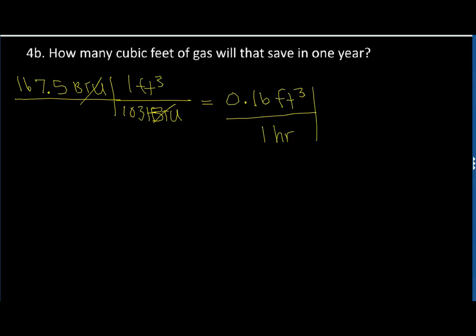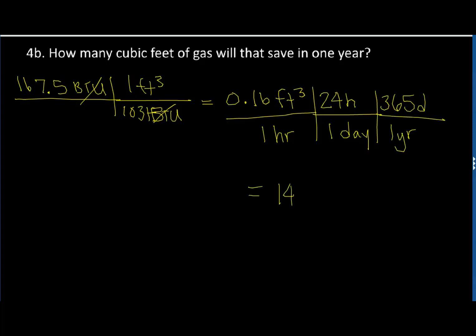And this was 1 hour, they said. So if we want to do it for a year, we're going to need to do 24 hours, and that's 1 day, and 365 days, 1 year. Okay, so that's how much you'll save in a year.